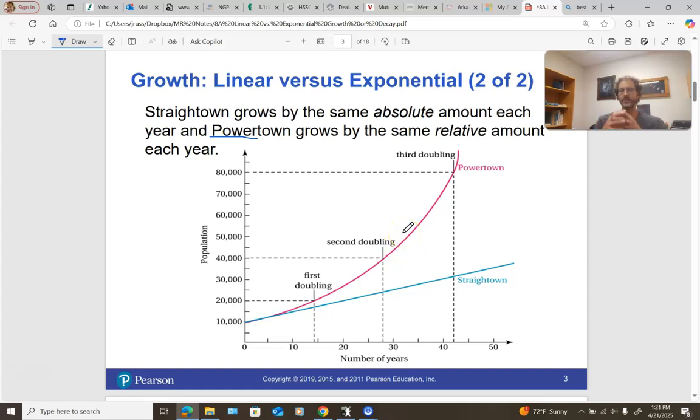As you keep taking a percentage of a quantity that's larger and larger, that growth is larger and larger. And so graphically, that means you have not a straight line in which the slope is constant, but a line in which the slope is getting higher and higher.